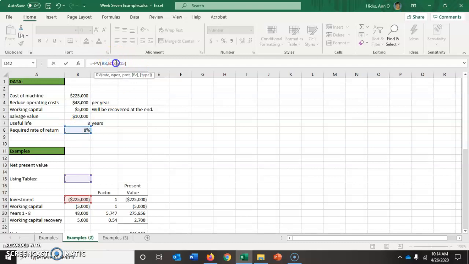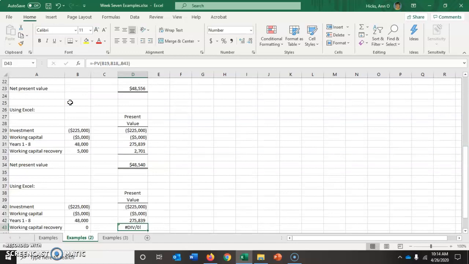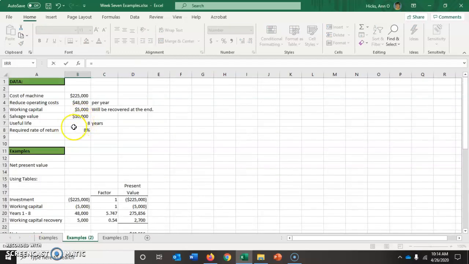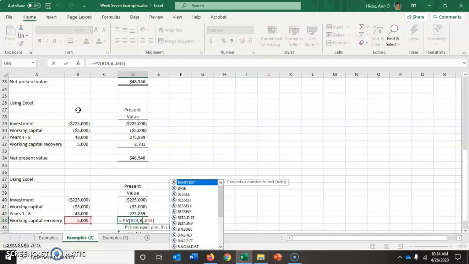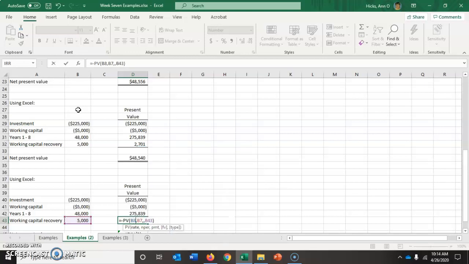And then here we're gonna do this. And here we'll just do that. And then the working capital recovery, we'll do the same thing. That will not change. I'm just going to change these to pull from the correct cell.